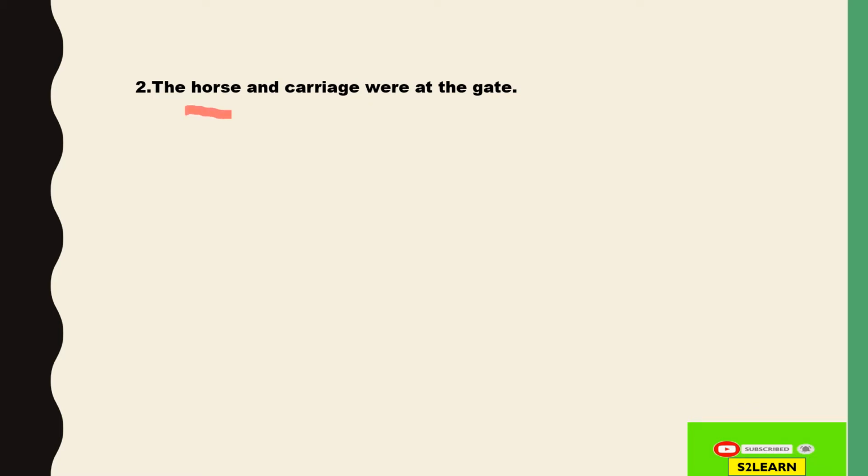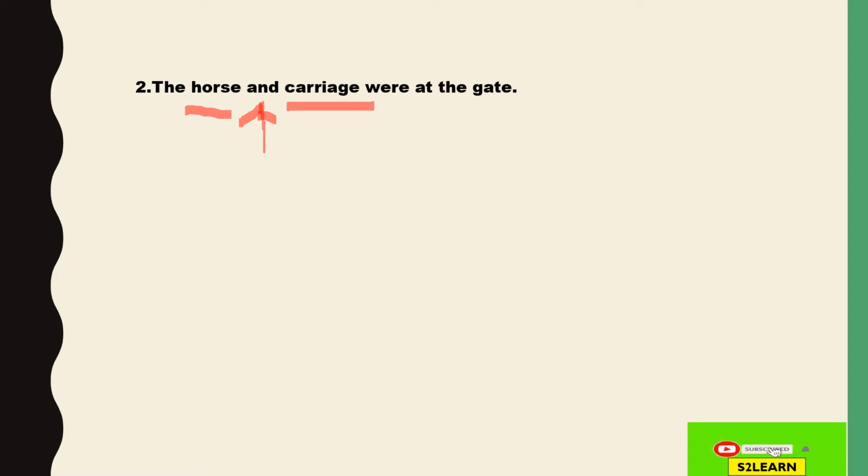Now going to the second sentence. The horse and carriage were at the gate. Now you can find that two subjects are joined by and, and the two subjects refer to the same thing.